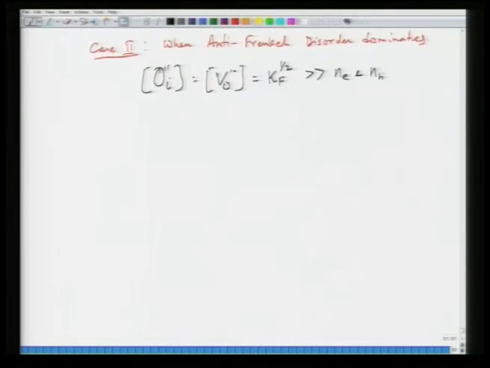So, that is the case under stoichiometric condition. So, now since OI and VO are independent of partial pressure of oxygen, which means in the defect reactions, I have to work out what is Ne and NH.